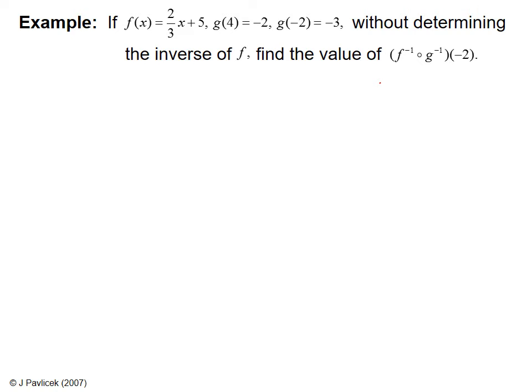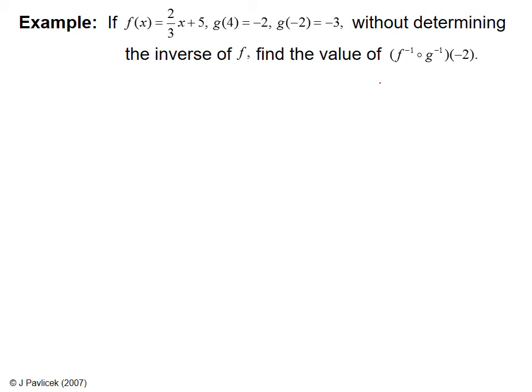So let's look at one more. Okay, if f of x equals 2/3 x plus 5, g of 4 equals -2, and g of -2 equals 3, without determining the inverse of f, find the value of f inverse of g inverse of -2. Okay, so first of all, just a note on the notation because you have not seen this in a while.